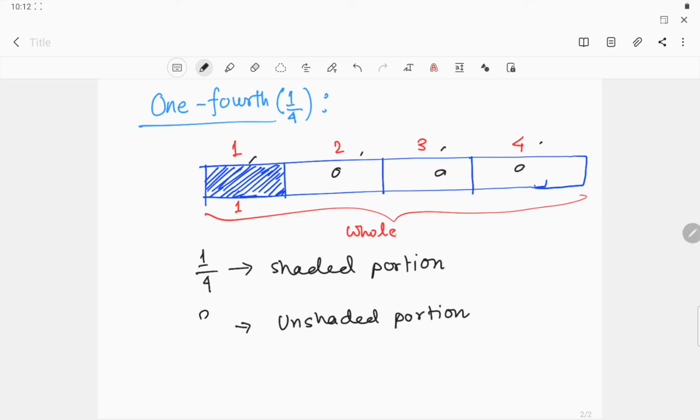So how many parts? 3 parts out of 4 parts. So 3/4 is the unshaded portion. Clear?